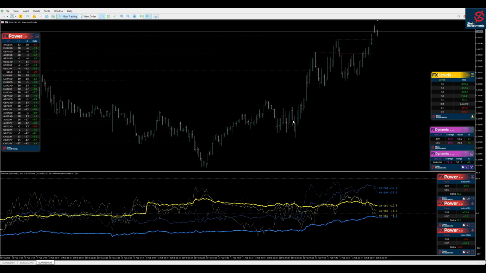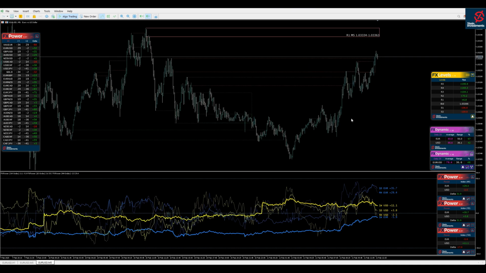We can clearly see that the euro is constantly rising since the London opening, but it has to deal with a lot of resistance levels here, because it is still in a valid downtrend considering the long-term analysis, and so it's facing probably even more resistance levels before this trend switches to the positive side.